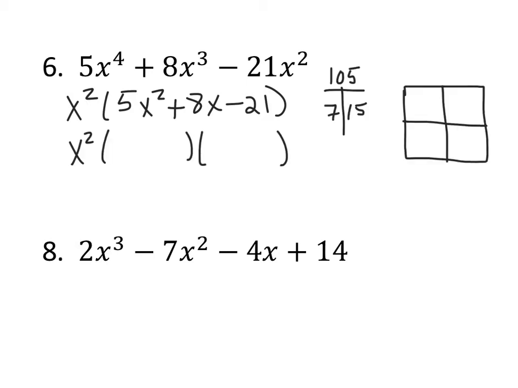Okay, so the first step is to always multiply the coefficient in front of the x squared times the last term we have here, the constant. So a times c is going to give me 105. I'm not really worried about the signs yet.